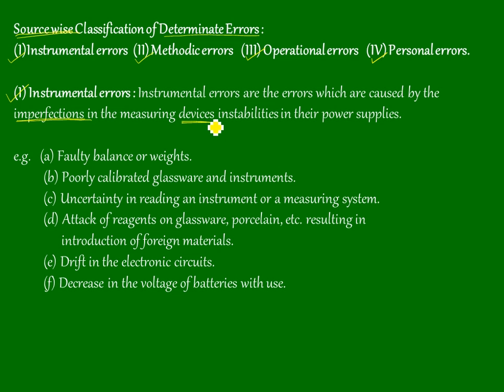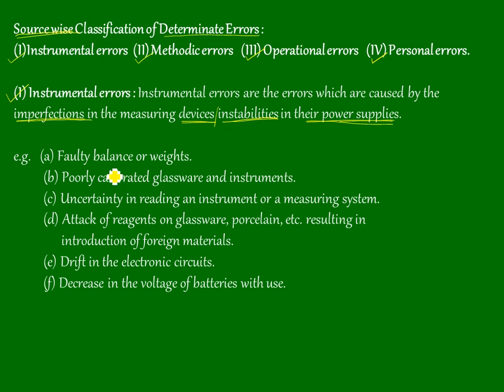If there are imperfections in the devices being used by the analysts, or instabilities in their power supply, then errors arise because of these things, and these errors are called instrumental errors.